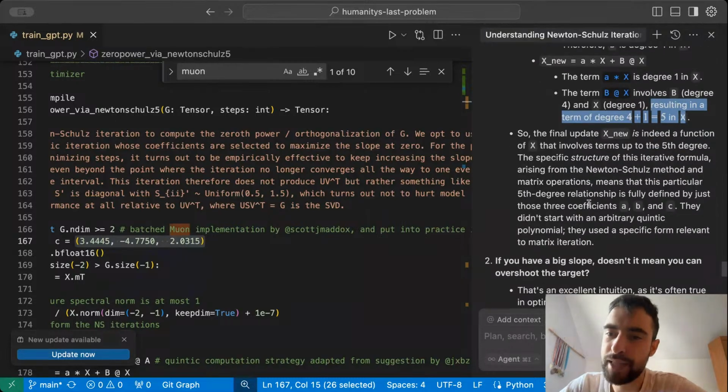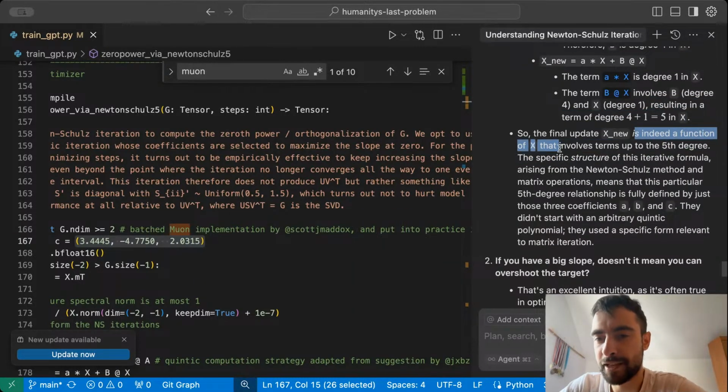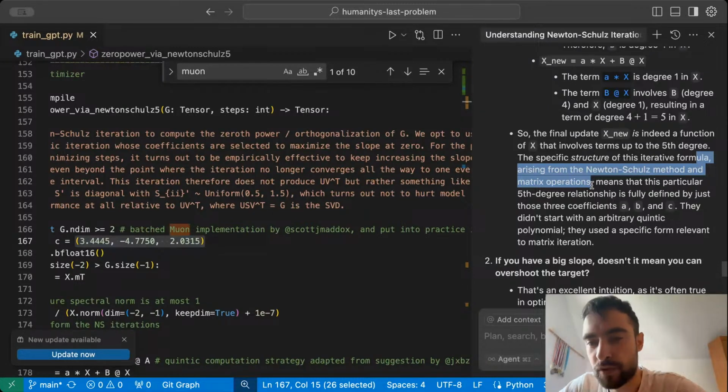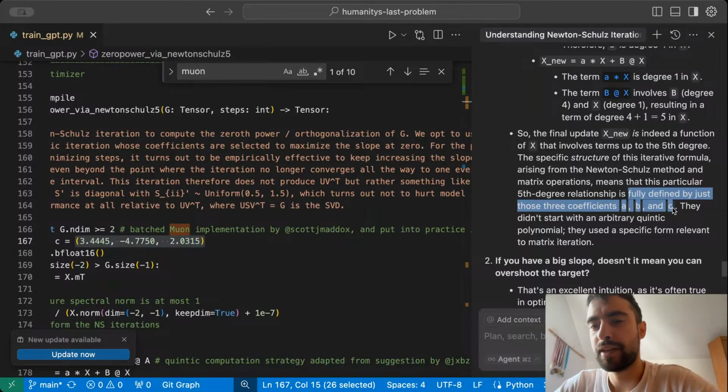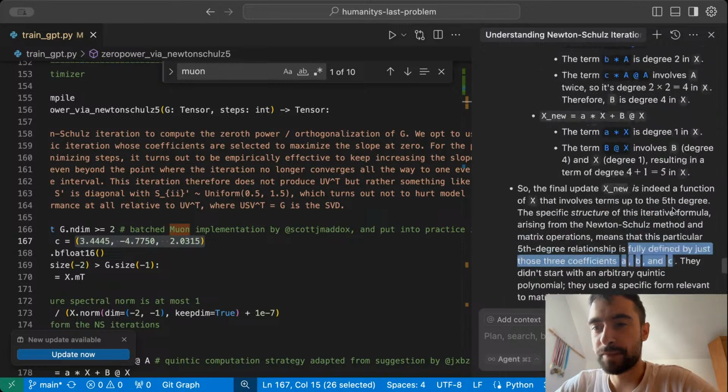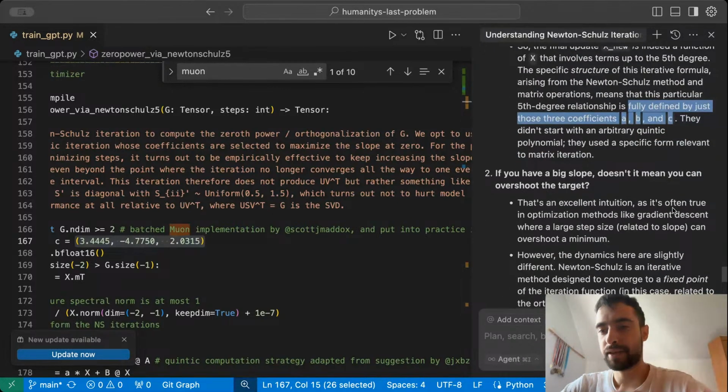So the final update, X new, is indeed a function of X that involves terms up to 5th degree. I'm guessing the specific structure of this iterative formula arising from the Newton-Schulz method and matrix operations means that this particular 5th degree relationship is fully defined by just those 3 coefficients. So I think you don't use other degree terms, just these 3 terms. So is it like 2nd degree, 4th degree, and 5th degree term?